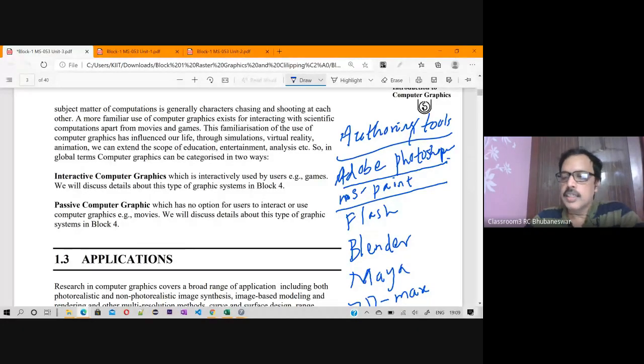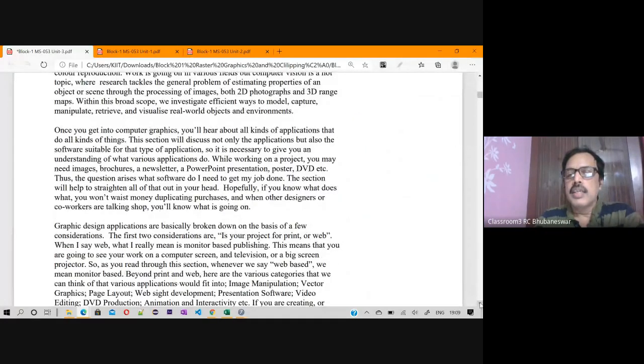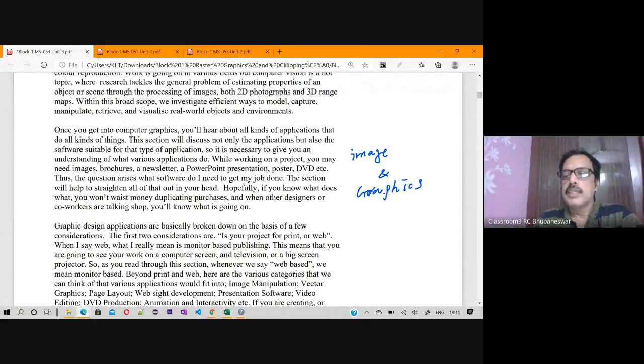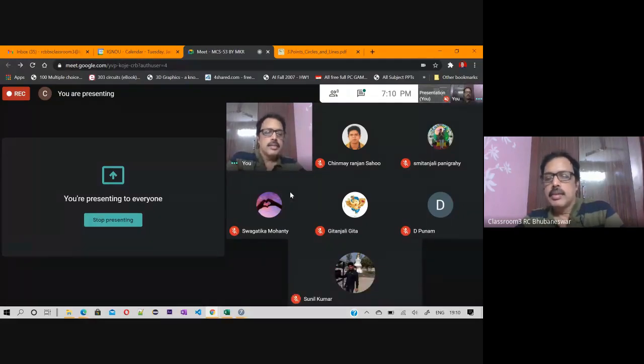So in this context, let me ask you a very simple question. What is the difference between an image and graphics? Anyone? You can say a photo or graphics. If I ask D Puran, Gitanjali, Sunil Kumar, will anyone respond?